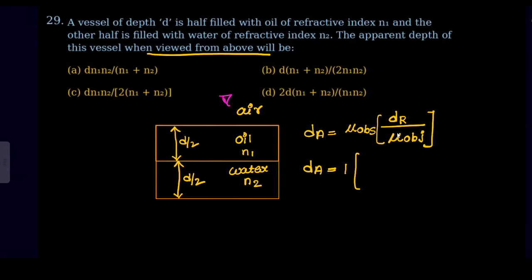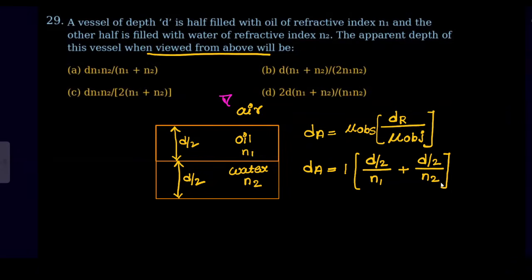The real depth: from here the oil depth is D by 2, and the refractive index of this medium is N1. Plus now D by 2 by the refractive index of water, that is N2, isn't it?